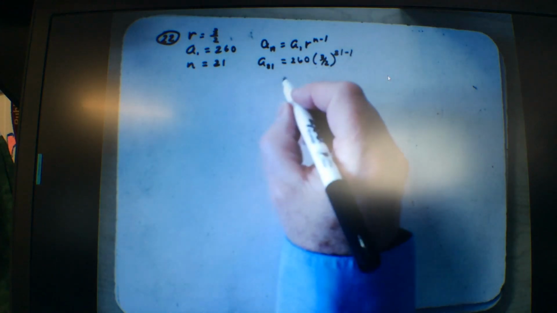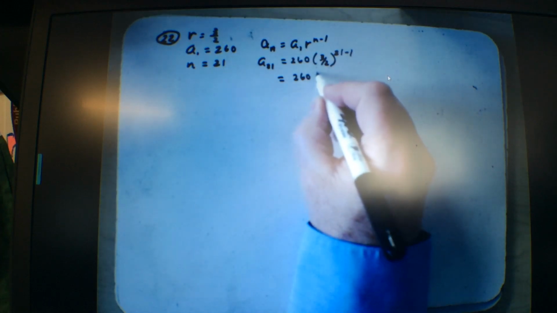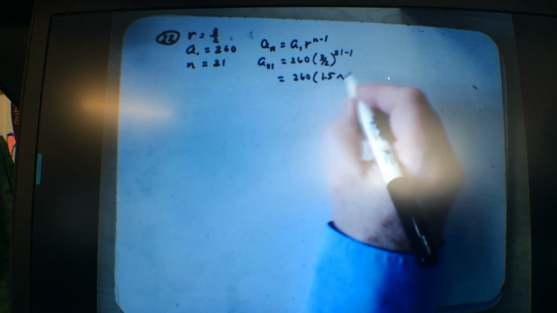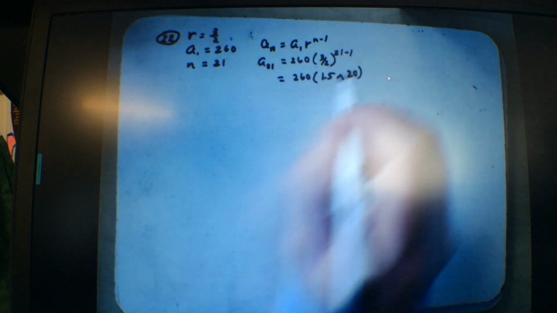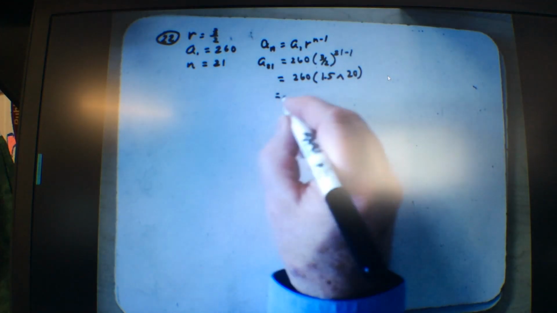So to the 20th power. So when you plug that into your calculator, you go 260 times 1.5 caret 20. Tell me what you get. 86,450.